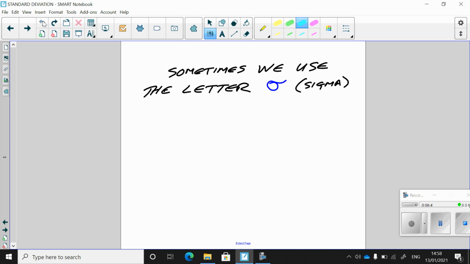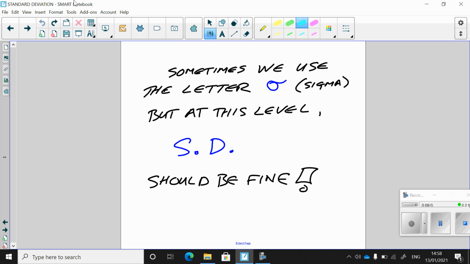In statistics, they like to use a lot of Greek letters, so sometimes they use this letter here, and we call that the letter sigma. And we'll also use the capital letter sigma. You might have seen that before. But for us here, SD for standard deviation, we should be okay with that.